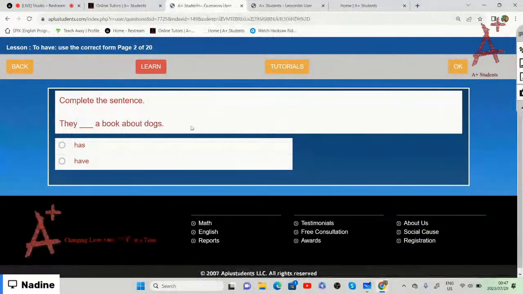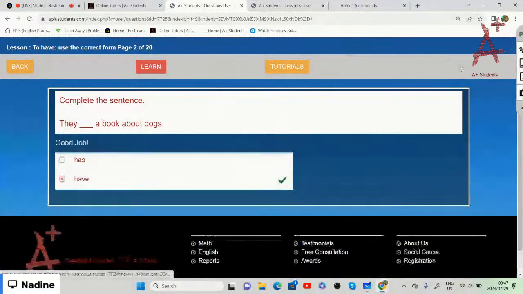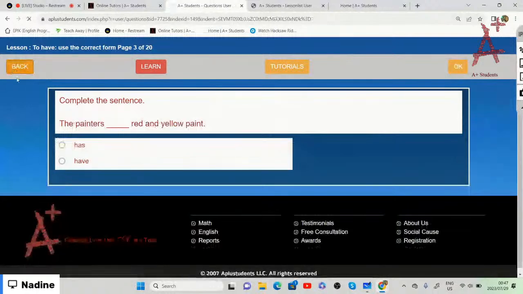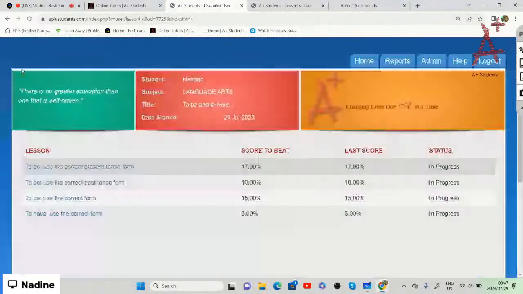They: do we say "they has a book about dogs" or "they have a book about dogs"? We're going to say they have a book about dogs, and that is correct. All right, so that is now about "to be" and "to have." When we talk about "to be" and "to have," it is by making mention of either singular or plural forms.